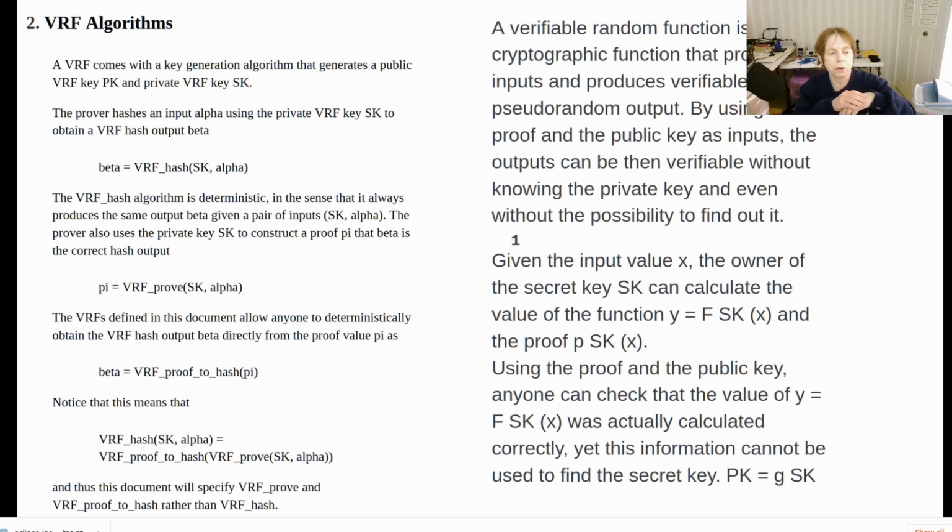And that's why you have these verifiable random functions, rather than just your typical random number generator, like what I showed last night.